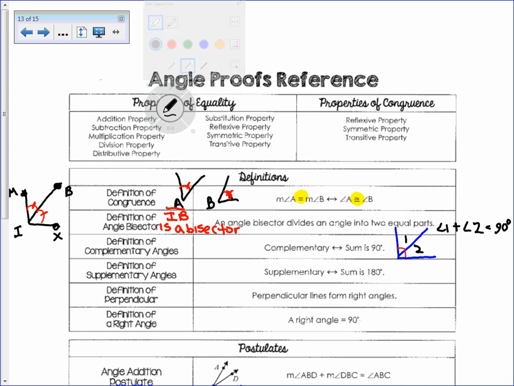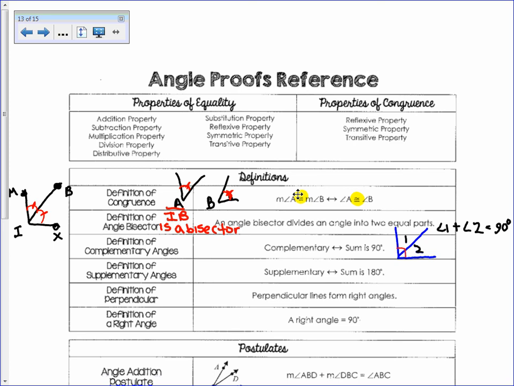I can also say the converse: 90 degrees equals angle 1 plus angle 2. That's what I can assume. You need to write this down because you're not going to see the definitions. You're going to see it in the way that I'm writing it. So you need to write that down.